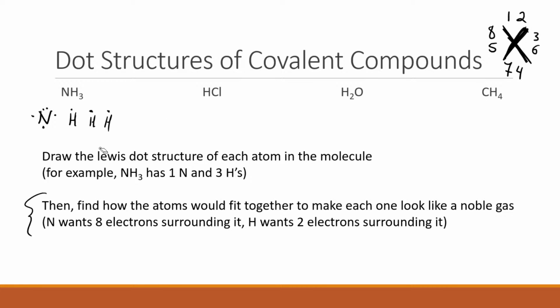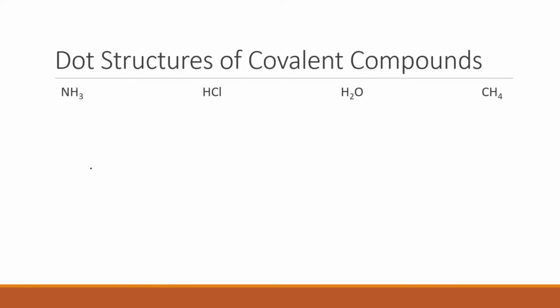And so what we're going to see is we're going to be pairing electrons together to try to make an overlap so that the N and the H can share electrons so they both end up happy. We're going to take a look at that in a little bit more detail. I'm just going to get rid of these words on the page here. All right, let's keep our template.